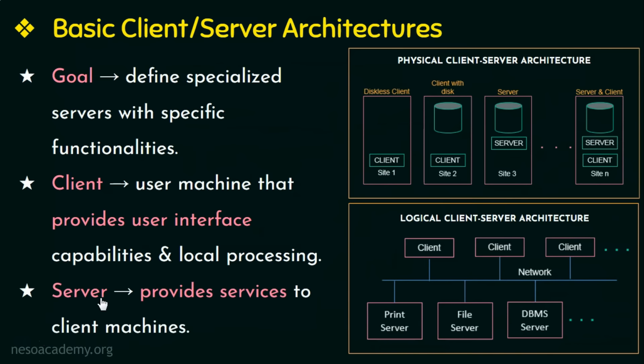A server is a machine that provides services to the client machines, like access to files, printing, or access to the database, etc. Now, the two main types of basic client-server architectures are the two-tier and the three-tier client-server architectures, which we will be discussing now.